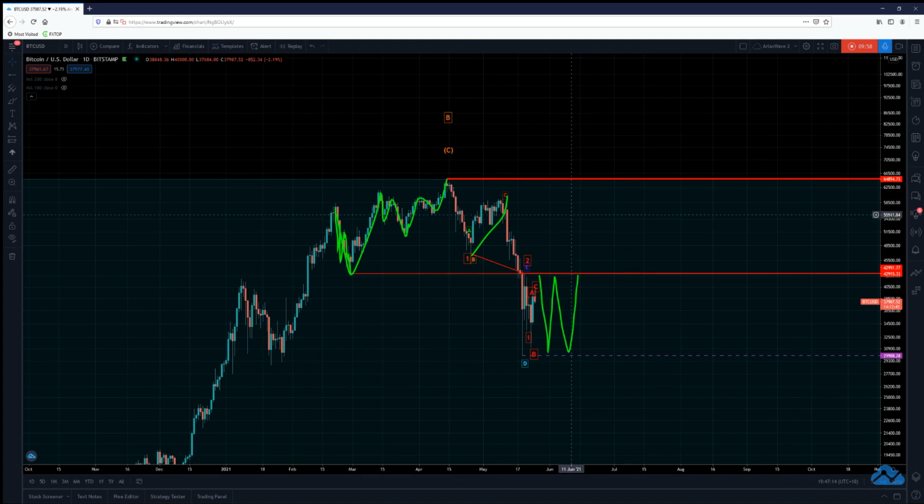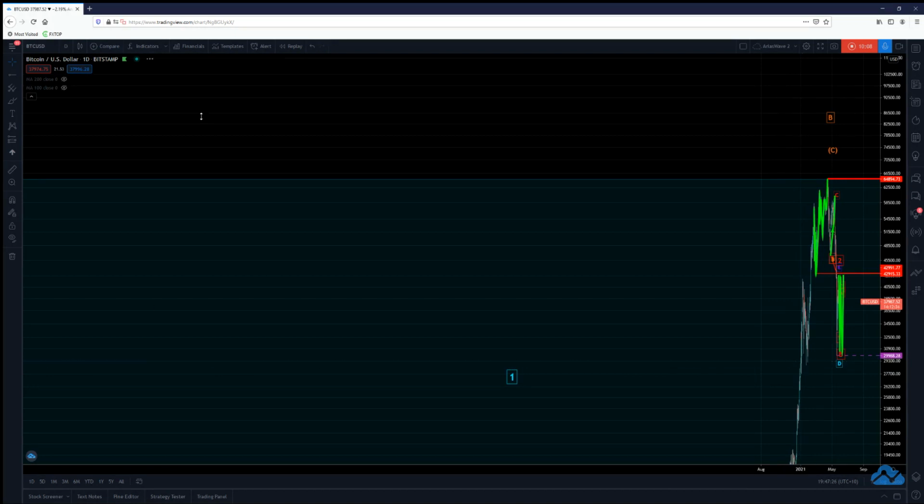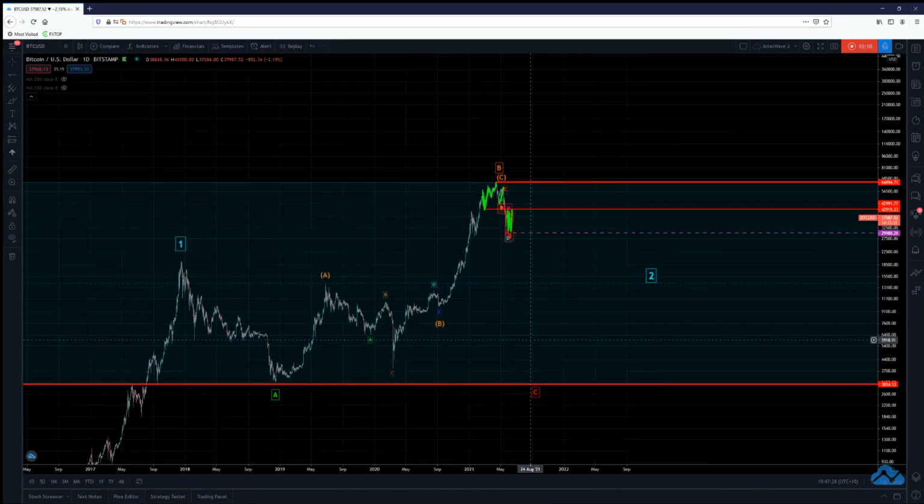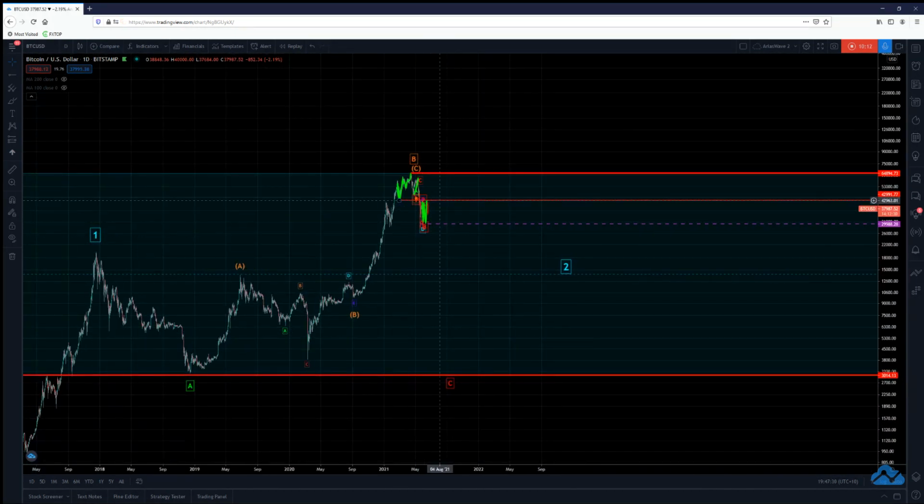Okay, I'm just trying to use RES Wave in the best way possible to keep you updated, and that's what I continue to do. Okay, so for now, we have to be patient and just wait and see what happens around this area. Okay, there is no point trying to guess what's going to happen from here.